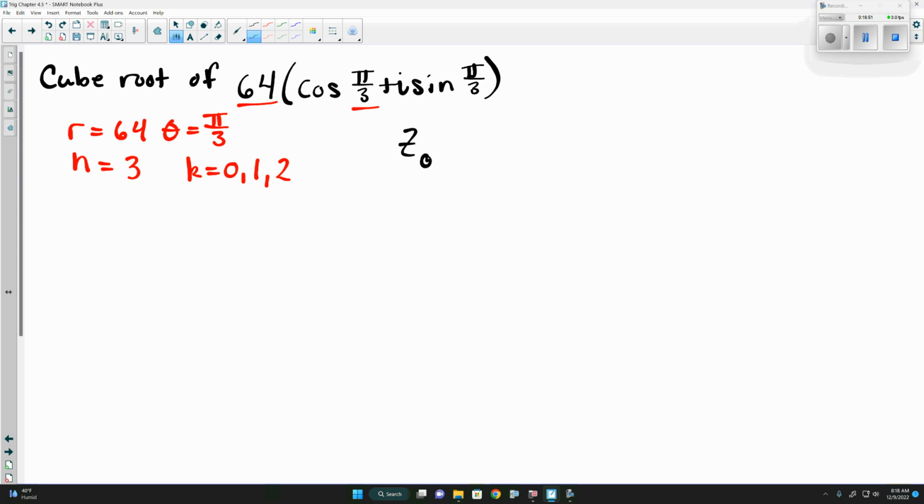So we can start off with z0 is equal to the cubed root of 64, parentheses, cosine of 5/3 plus 2 pi times k over n.